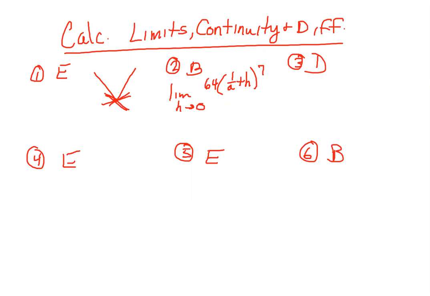When you put 0 in for h, it would be 64 times 1/2 to the 7th, and that's going to equal 1/2. So there's different ways that you could do that one. That's how I would probably do that.